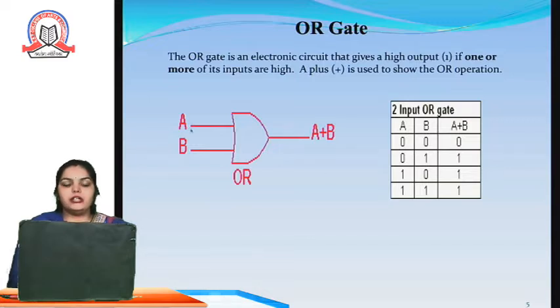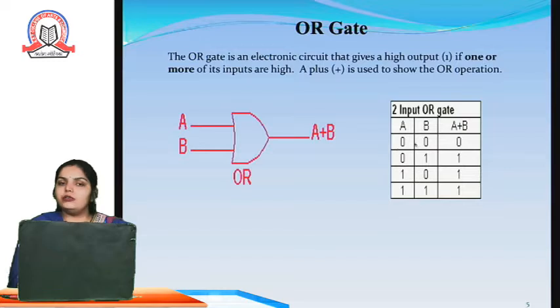This is the symbol of the OR gate. This is how the OR gate is represented. It has two inputs A and B and a single output A plus B. It will perform addition of both the inputs. Here we'll go through the truth table of the OR gate.